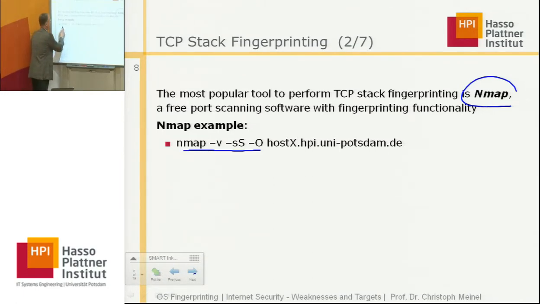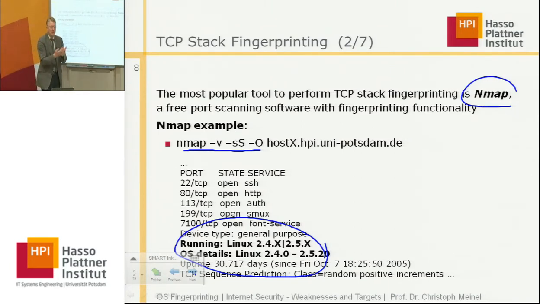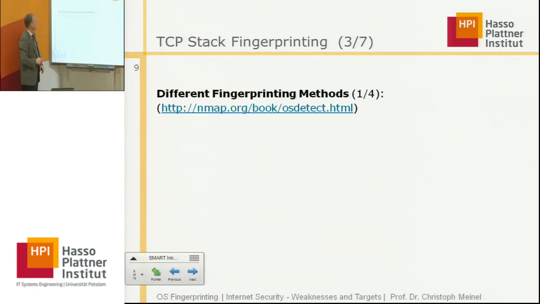If you send this command, for example, to our system, then you get this information back. Here you see our standard information, and here there is exact information about what operating system is used, what the details of this operating system are. So sending one packet, one command, you get very detailed information about the underlying operating system.